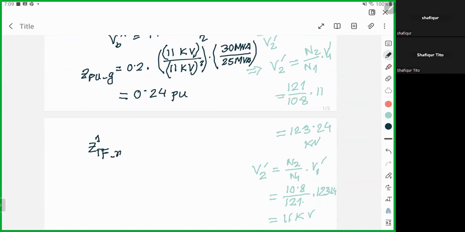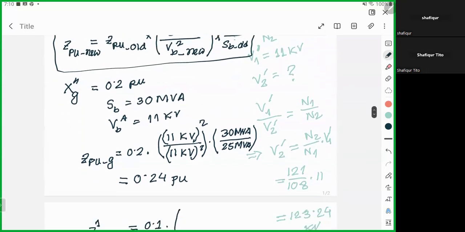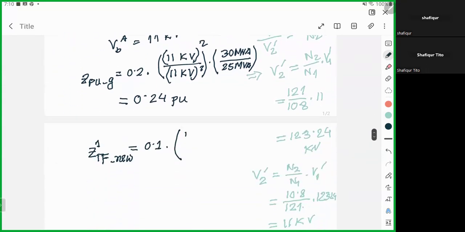And the new value is equal to the old one, 0.1, times the old voltage squared, 10.8 squared, divided by 11 squared, and then old and new base are both the same, so 30 divided by 30 will cancel each other.